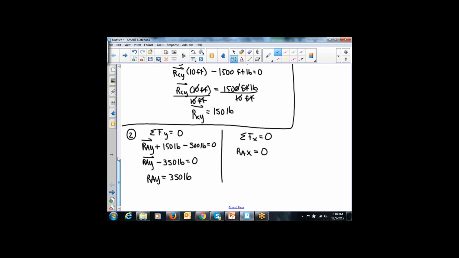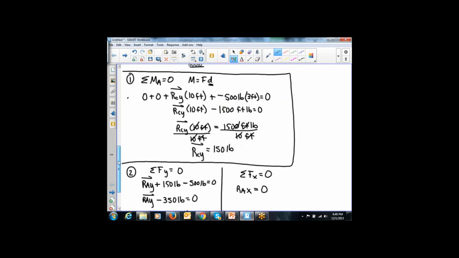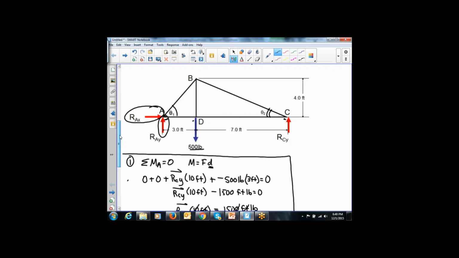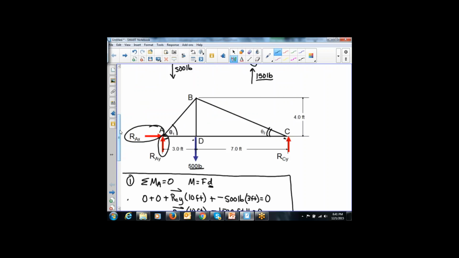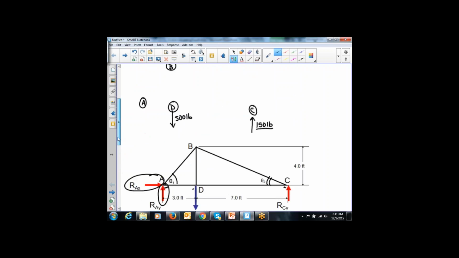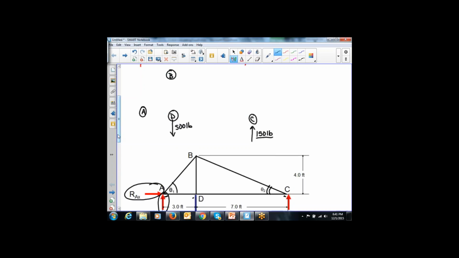So here's the fact. That pin could stop something from pushing left or right, but because there isn't anything pushing left or right, it doesn't have to. So right now, the only thing I need to mark on here is that I have a reaction force going up of 350 pounds. I'm not even going to mark that left-right force at RAX because it doesn't do anything.